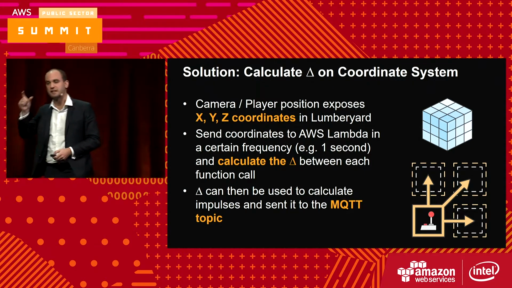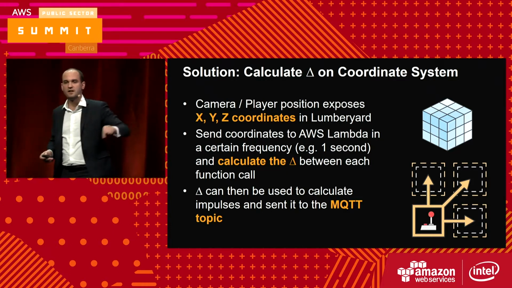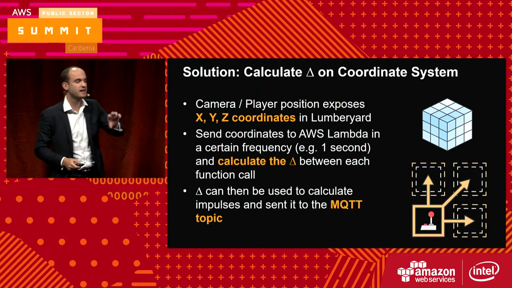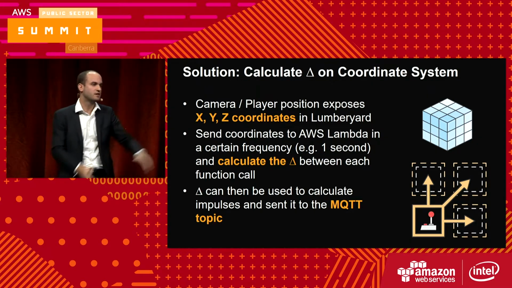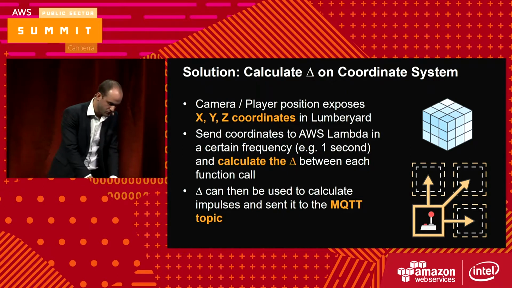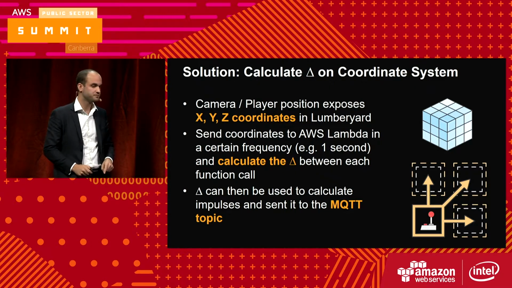In this scenario, I took it every second, and I will then calculate the delta between those different positions every second. I will take that delta and send that to my Lambda function, which in effect will send that impulse of the delta change of its position via MQTT to my robot here, and the robot will then follow suit.